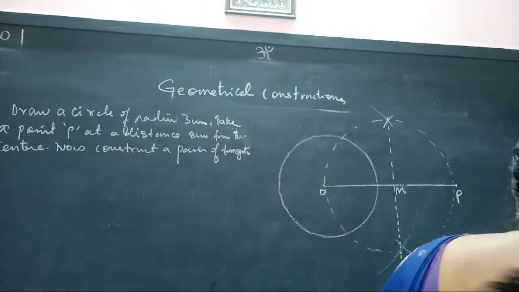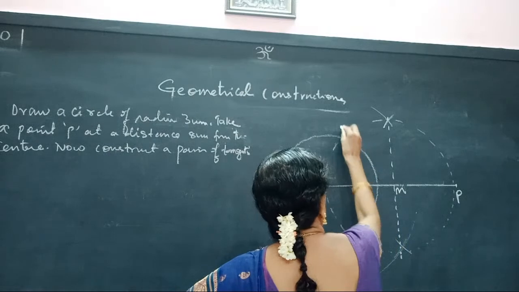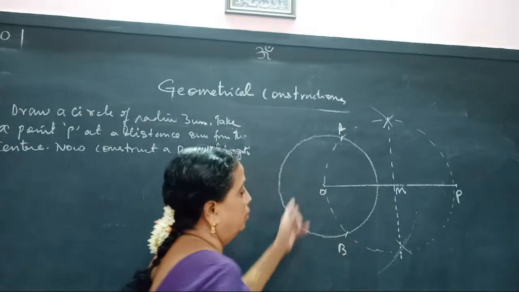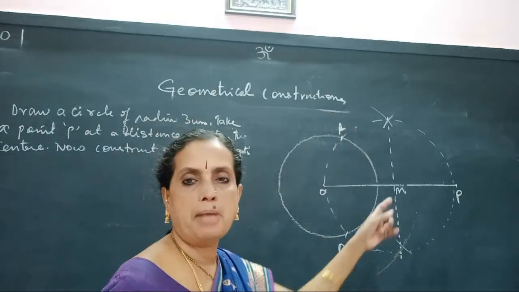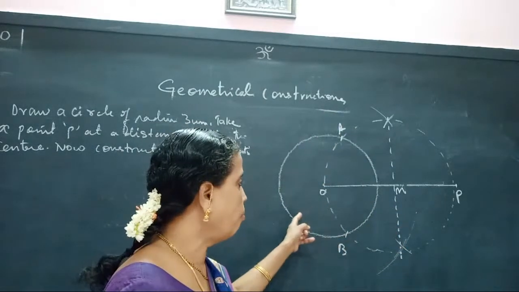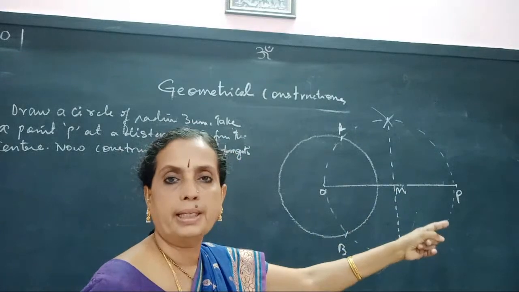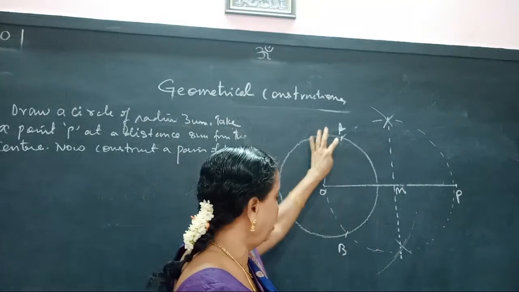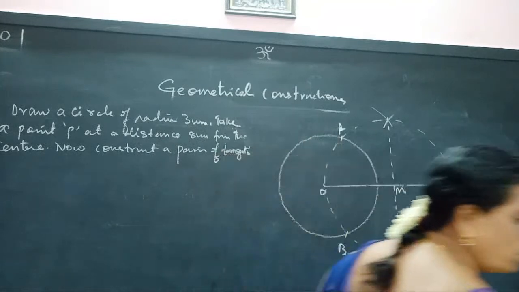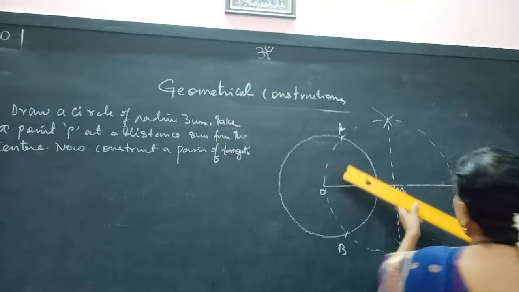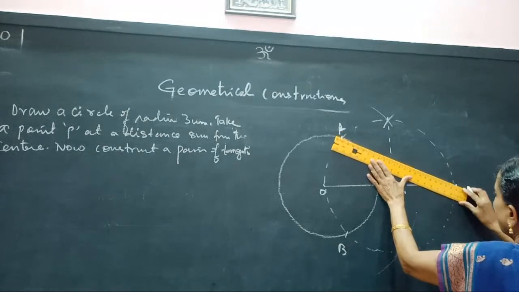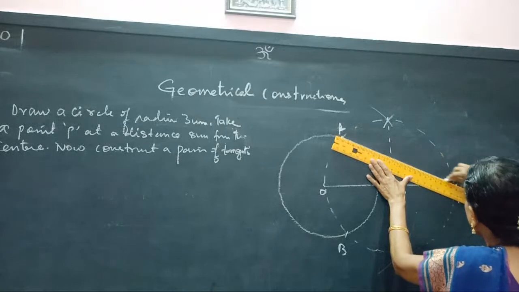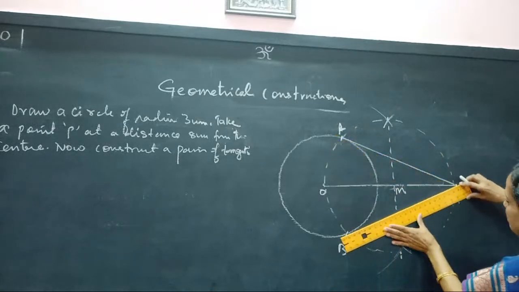Which are those points? Here you name it as A, this is B. What we have drawn with M as center, MO or MP as radius, cutting the given circle at A and B. Now join PA and PB.